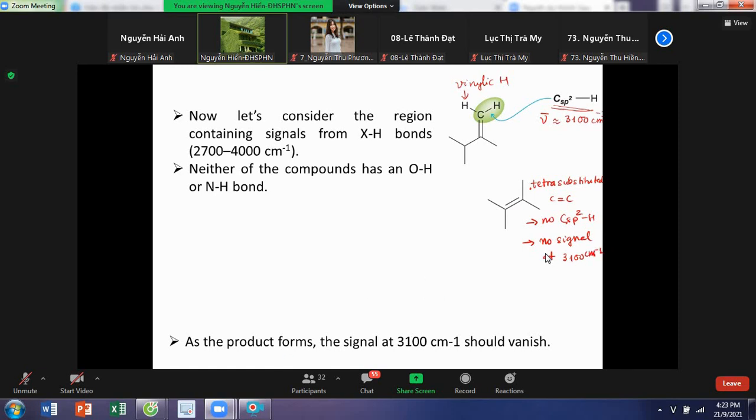So this difference can also be used to distinguish between the starting materials and products.